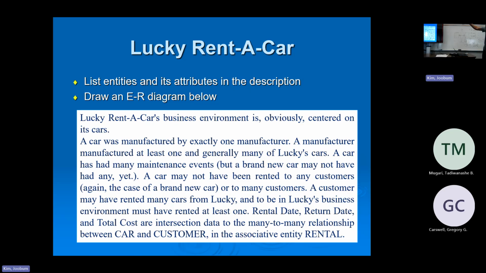This is a very simple case of a system. When you have this kind of description, you have to list what entities are needed to make a database for this business environment.